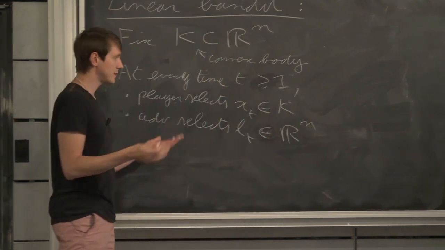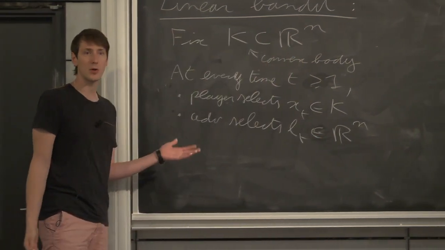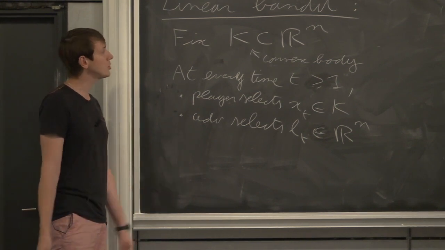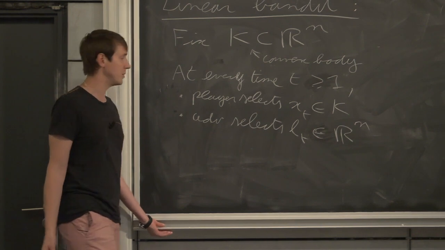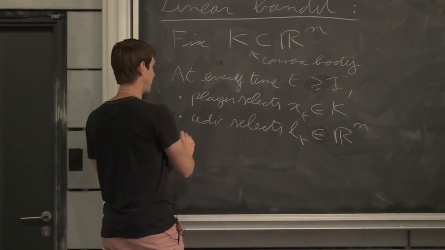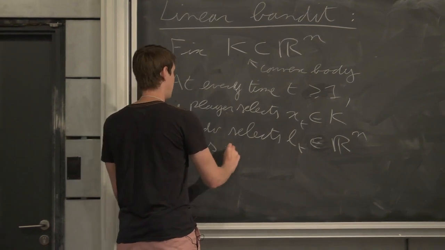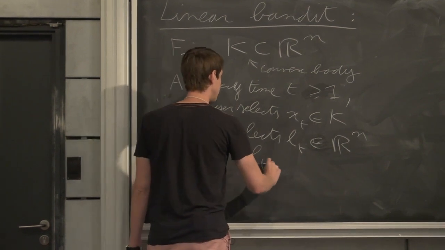And your loss is, just as we have been doing so far, the inner product between l_t and x_t. So it's kind of a huge generalization of what we have been doing so far, for prediction with expert advice or multi-arm bandit. So the loss is the inner product l_t . x_t.